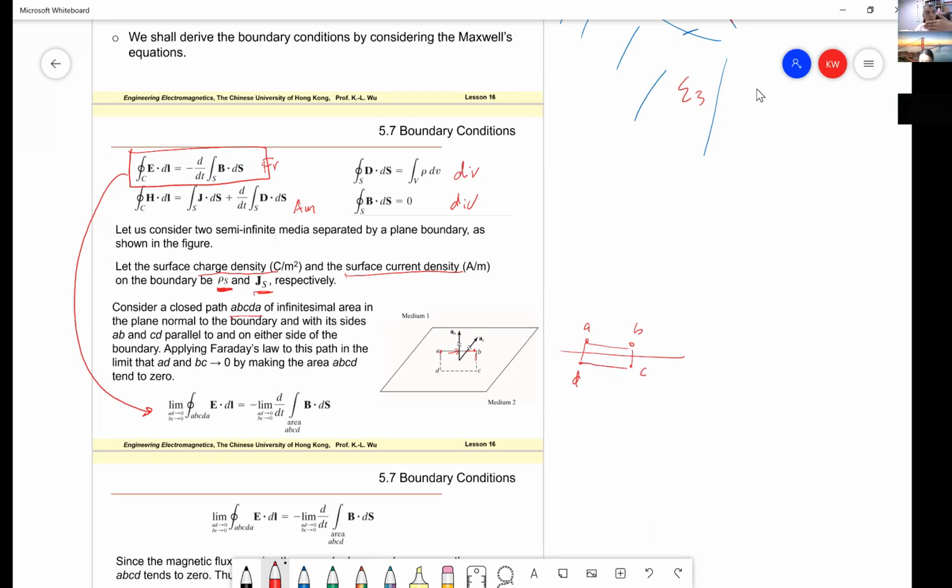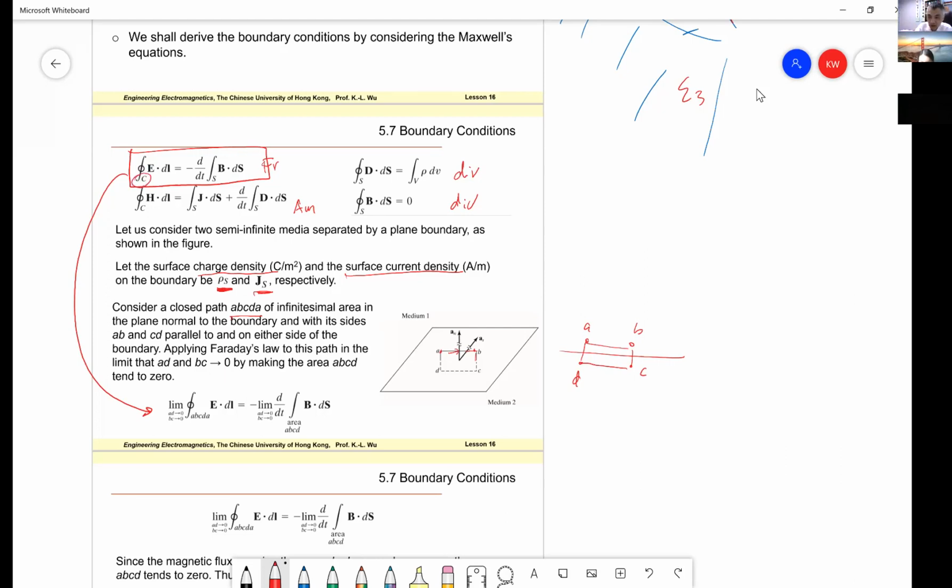This surface is perpendicular to the surface I'm dealing with. So this surface can be oriented in an arbitrary direction. I don't care, as long as this surface defined by ABCD is perpendicular to the surface between two media.